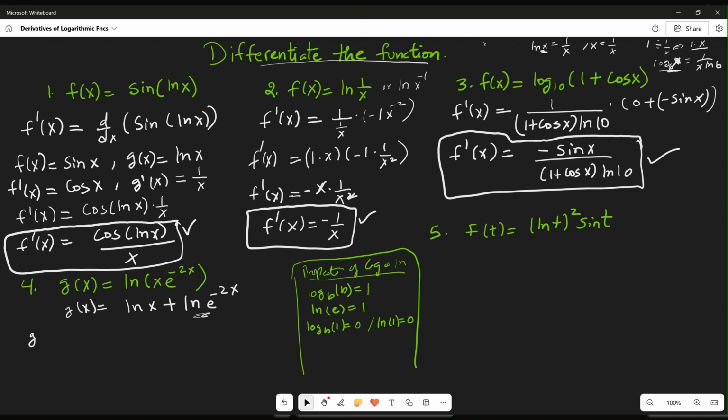And then the inverse property. Log with base b of b to the power x is equal to x, or natural log of e to the x is also equal to x. This is what we can apply here. And then there's another one with the base, like a constant with the power.